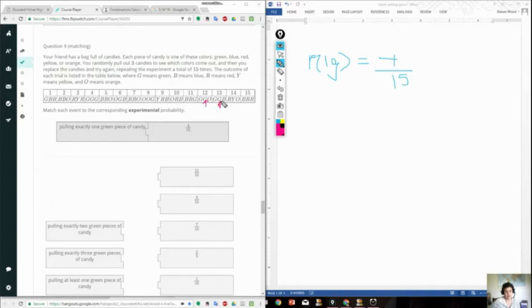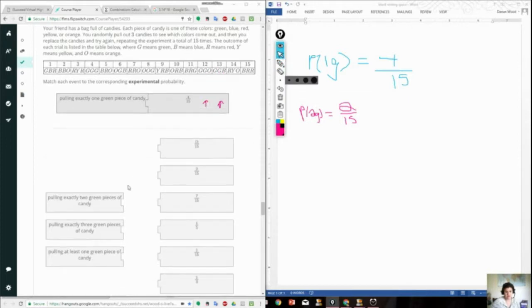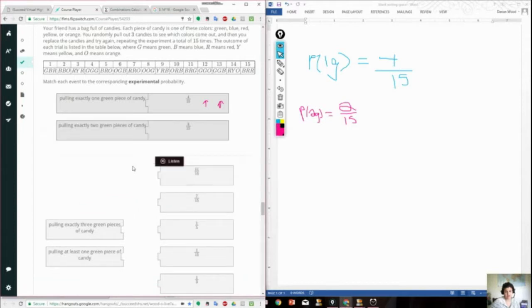Event 13 has exactly 2. So probability of exactly 2 green candies is going to equal 2 times. It happened twice out of 15 of the trials. So I'm looking for 2/15ths. There it is.